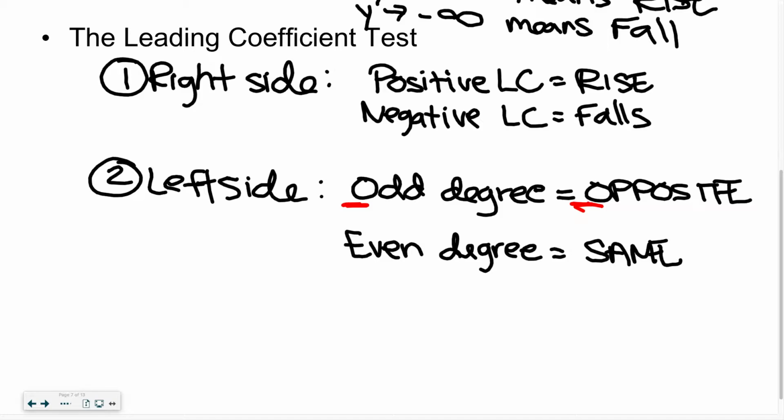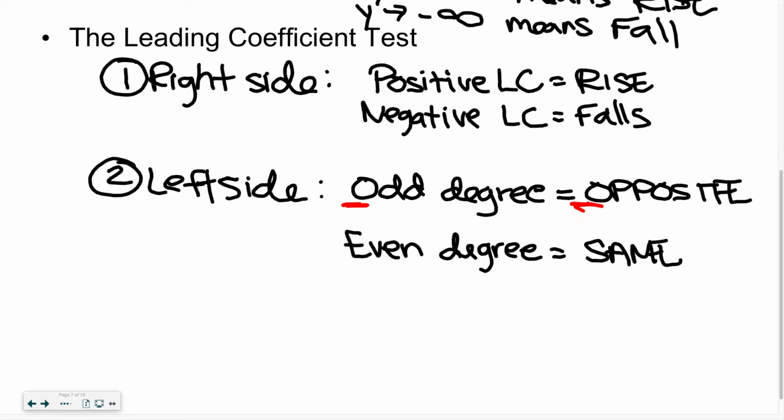So if you do the right side, and let's say it's f of x equals a positive, then the right side is rising. You can put your hand up in the air if you need to when you're doing your homework tonight. Okay. And then in order to decide the left side, you're going to look at the degree, which, what's the degree again? The highest exponent. All the exponents will be positive, right?